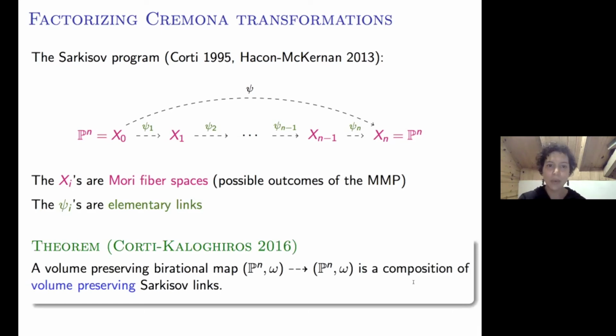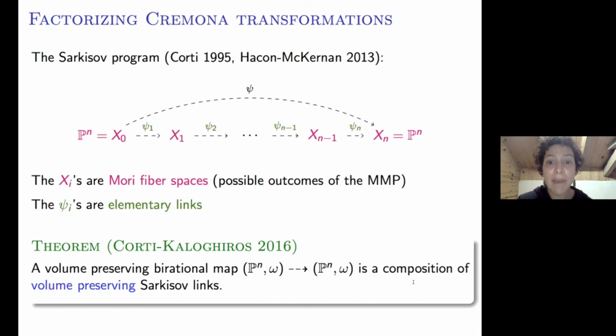But there is a way to attach to each of these intermediate varieties a natural volume form in such a way that this volume form is not too singular, is not too degenerate. So there is some singularity condition here, and these maps psi i, they send the volume form to the volume form of the next one.